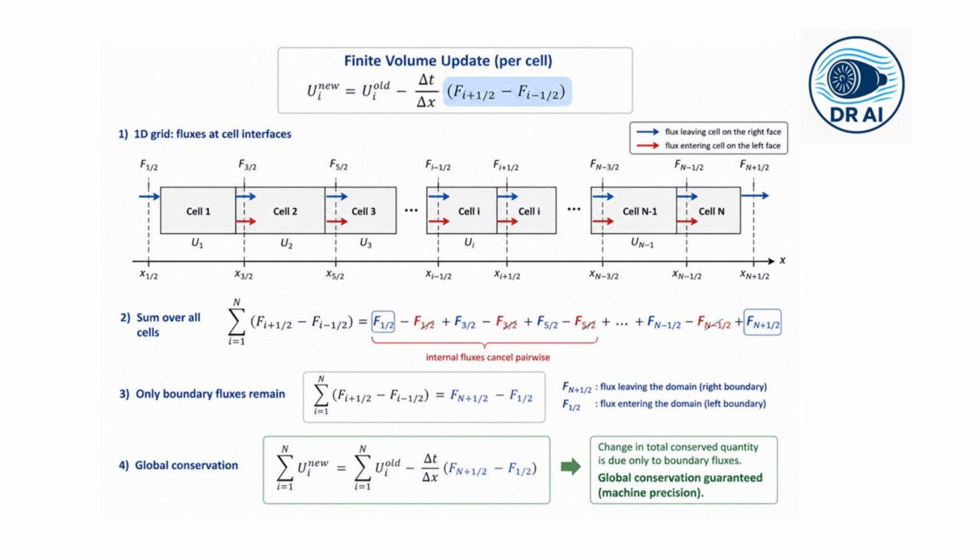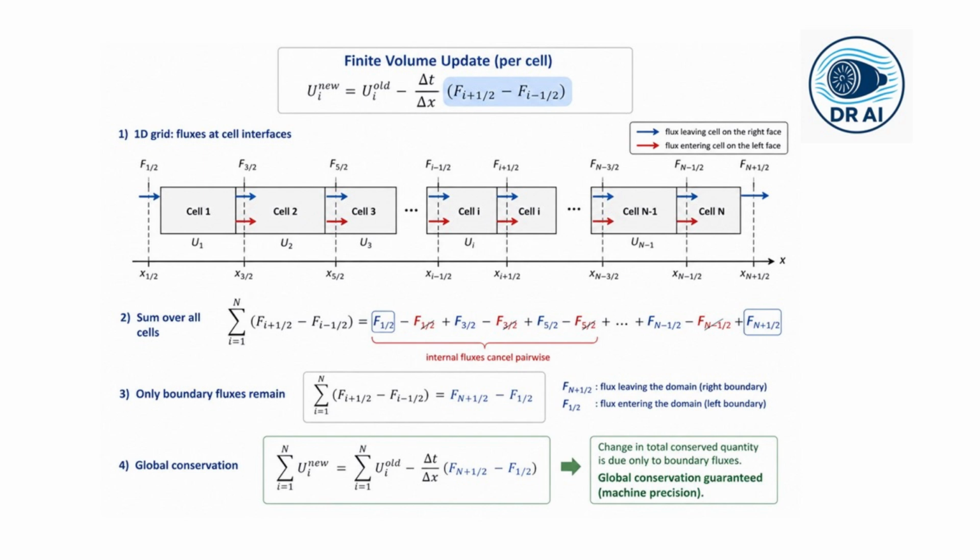They cancel exactly. The only terms that remain are the fluxes at the very boundaries of the whole domain, which is represented here. That means the total amount of u in the entire region changes only because of the flux through the outer boundaries.